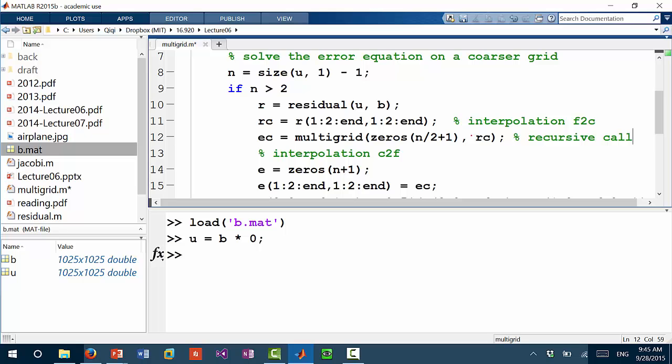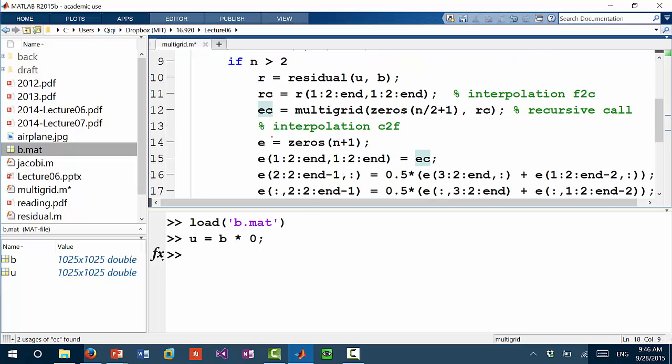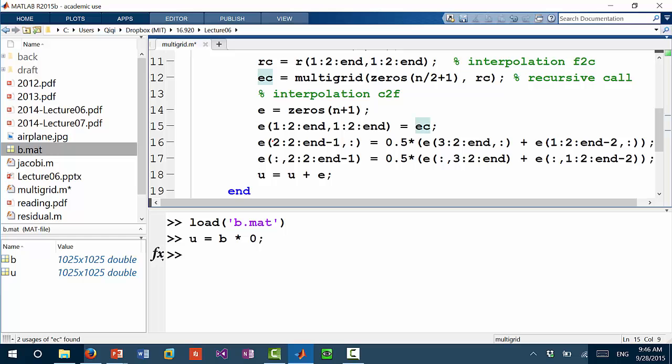Right? Okay, and after this, we interpolate the solution of the error equation, or approximate solution, to the fine grid. So this is the whole interpolation. These three lines are interpolation. Then we add the solution of the error equation to the original solution.